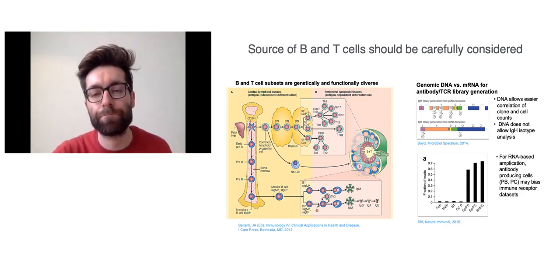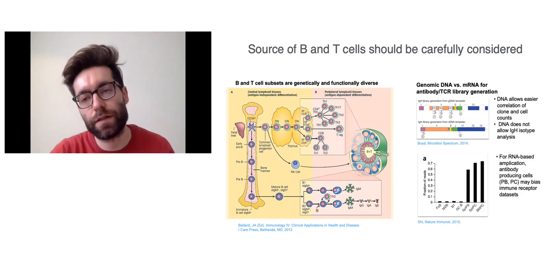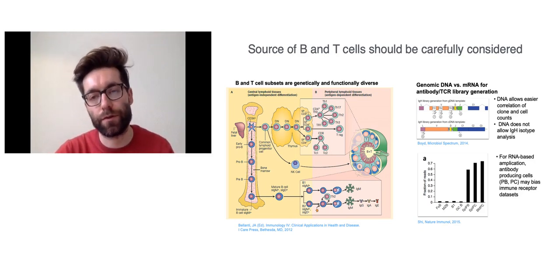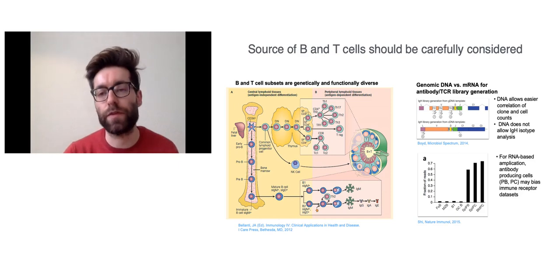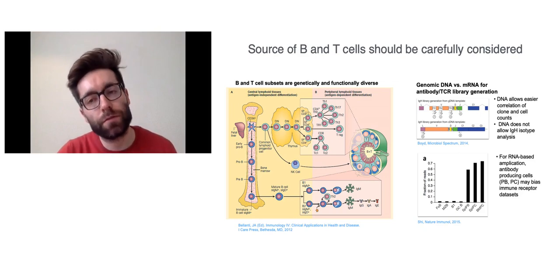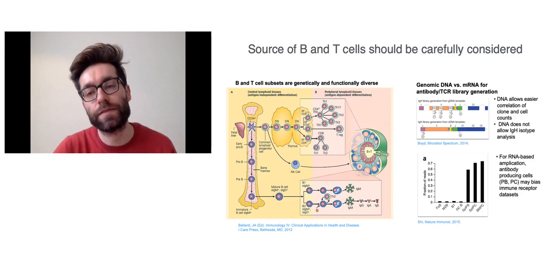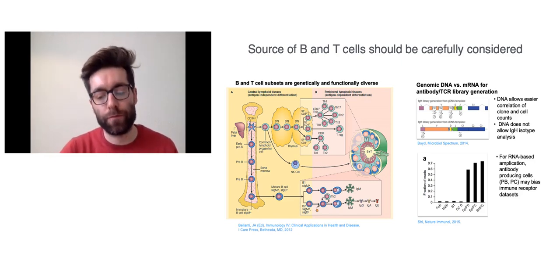If we focus on the right side of the slide, another way to look at the data is either from the DNA or RNA side. One thing to consider if you work on the DNA for B cells is that it is not possible to look at isotype from the sequencing point of view.